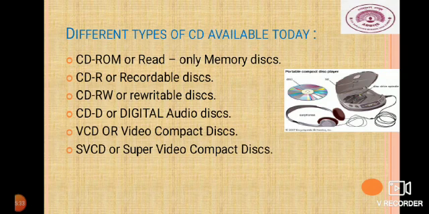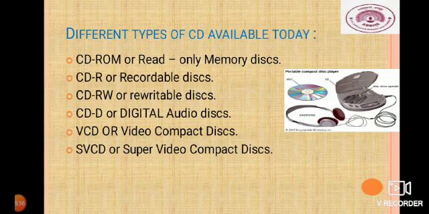Now, the different types of CD available today are CD-ROM or read-only memory disk, that is, the data is already imprinted during its manufacturing process. CD-R or recordable disk, that is, they are used to write data only once.